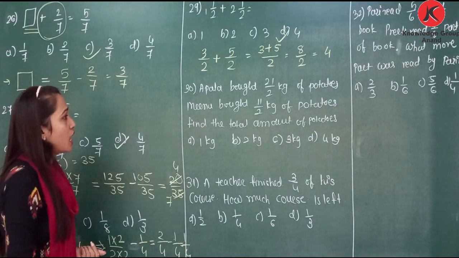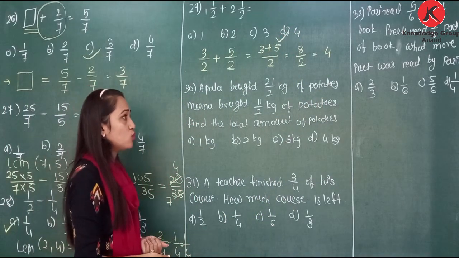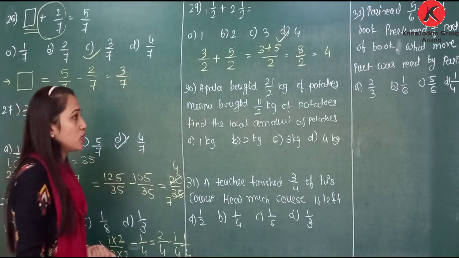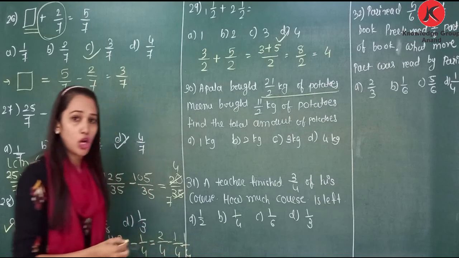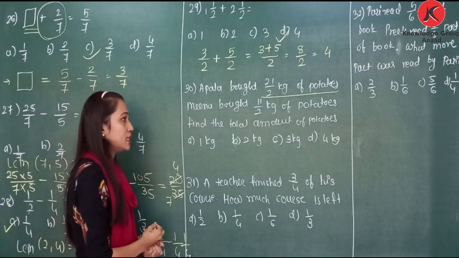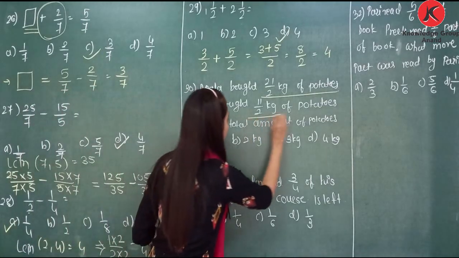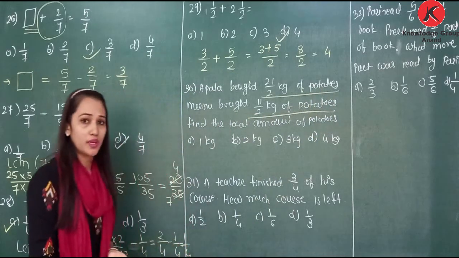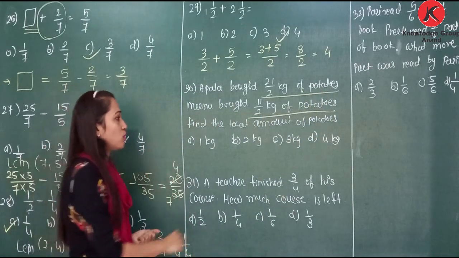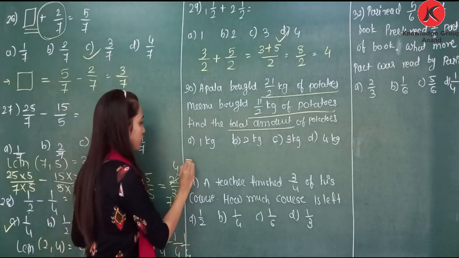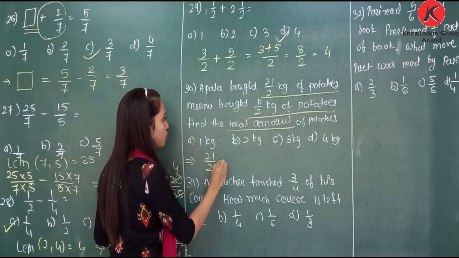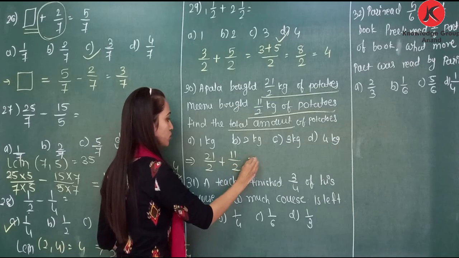Next one is Apala bought 2 1 by 2 kg of potatoes. So this is the weight of potatoes bought by Apala, and Minu bought 1 1 by 2 kg of potatoes. So she bought this much potato. Find the total amount of potatoes. The total amount is the addition of both. So 2 1 by 2 plus 1 1 by 2.